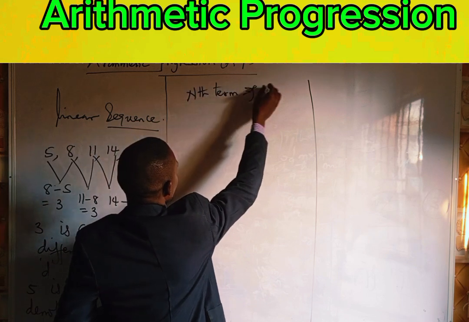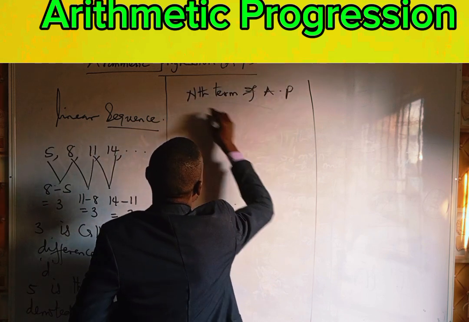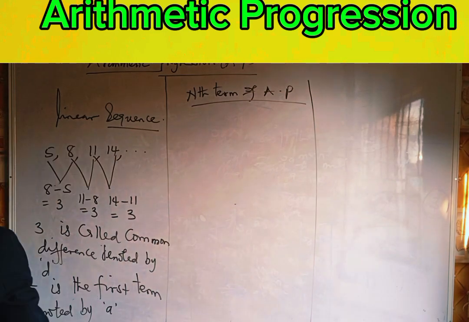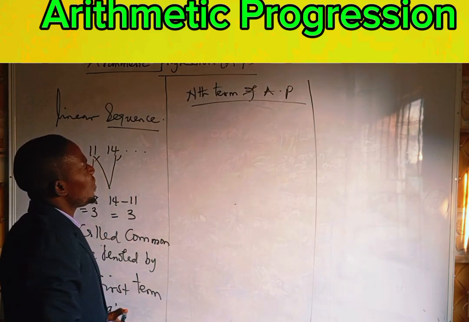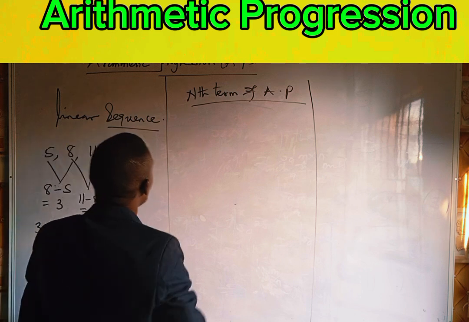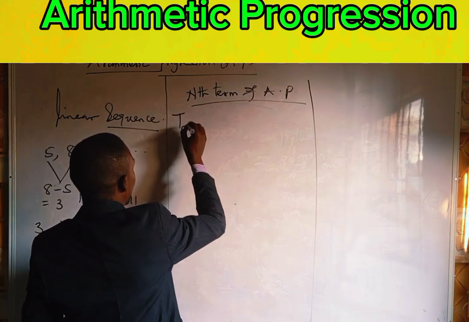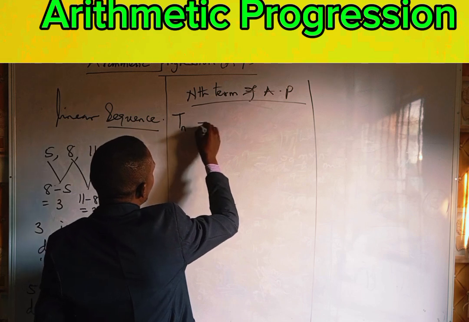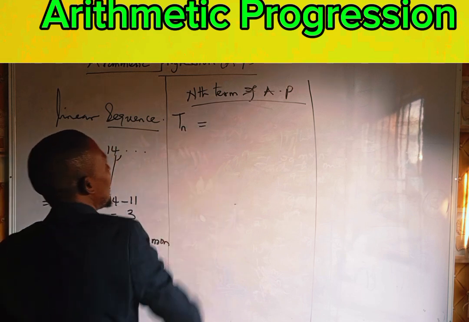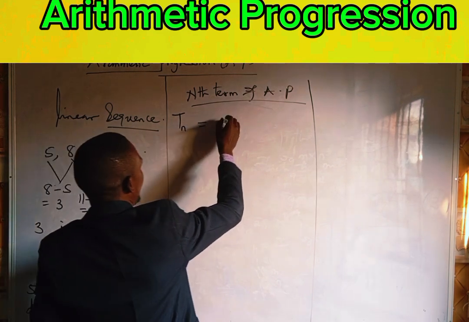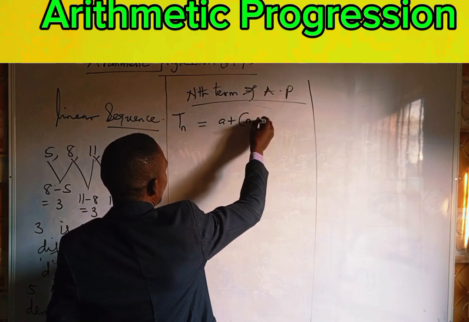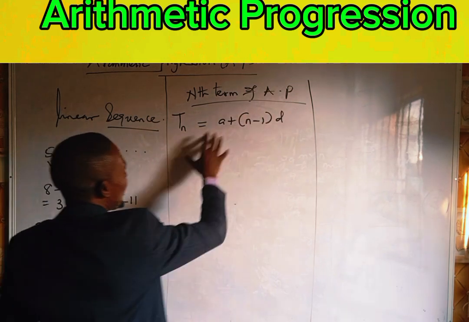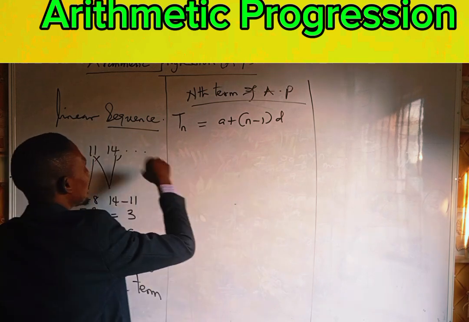Nth term of AP. Now, the nth term of any AP is given by T subscript n, or T base n, equals a plus (n minus 1)d. Very good. So this is the formula for finding the nth term of an AP.